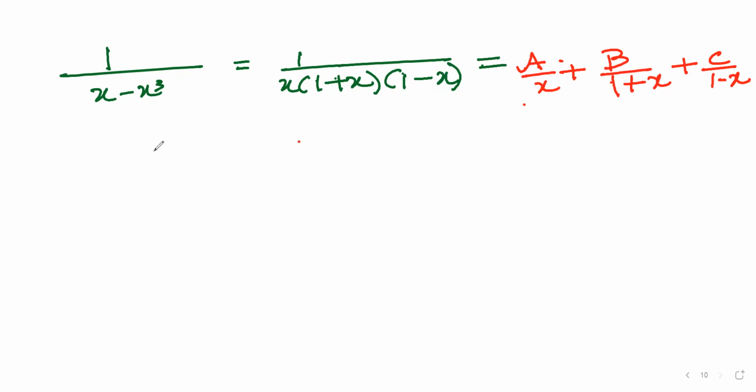Equate that x to 0. So when you make x equal to 0 in that expression, forget a upon x for now. What happens? You get b over 1 plus x plus c into 1 minus x. So I'll just show it in the form which is relatable, just here.